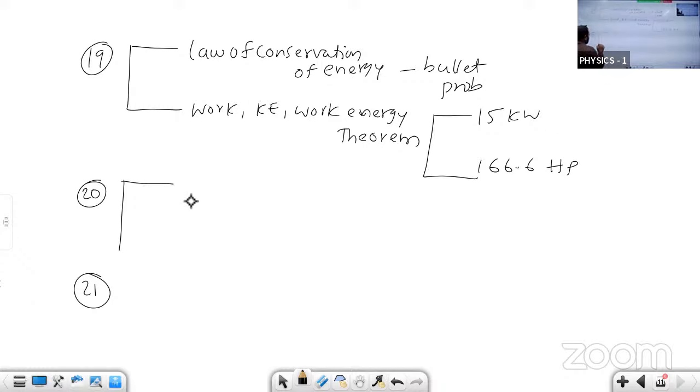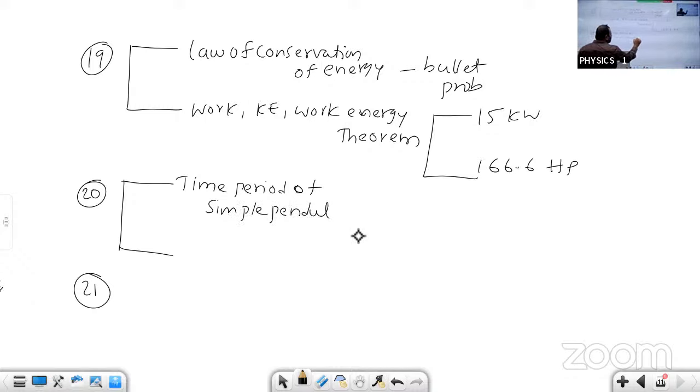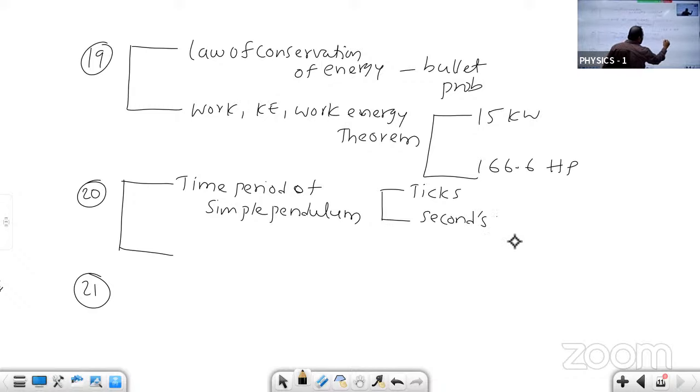20th, with purpose, time period of simple pendulum. One is ticks. Second one, seconds pendulum definition.